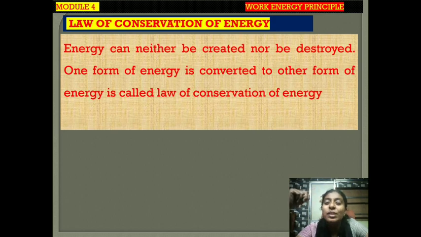Part 2 is the kinetics of rectilinear motion, with three principles: D'Alembert's principle, work energy principle and impulse momentum principle. We have to solve problems using D'Alembert's principle and the work energy principle; for the impulse momentum principle, we have only the concepts.